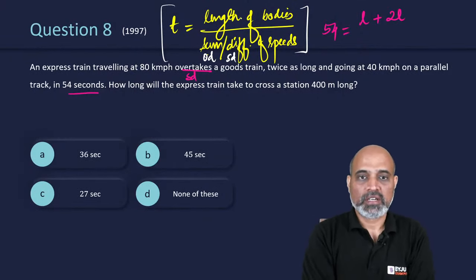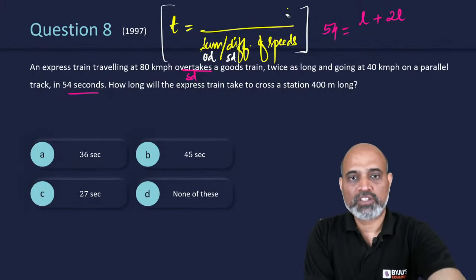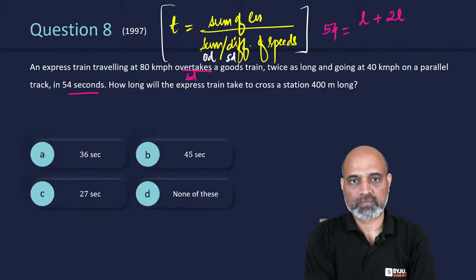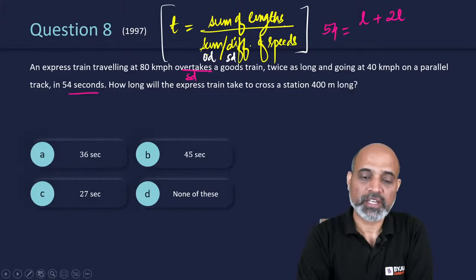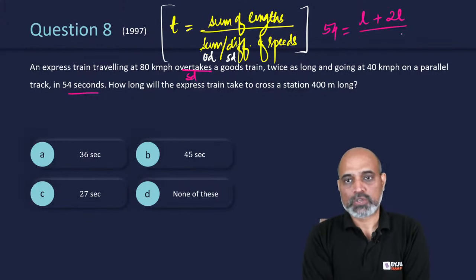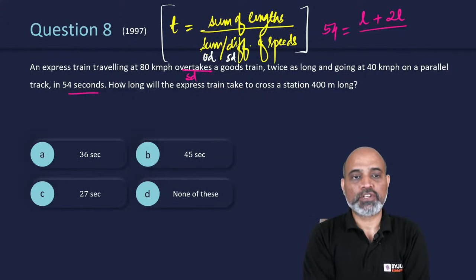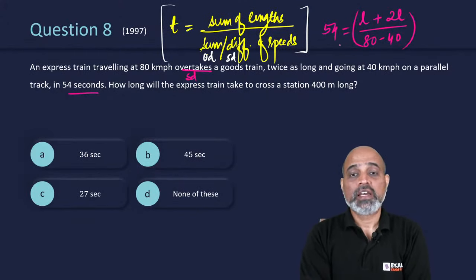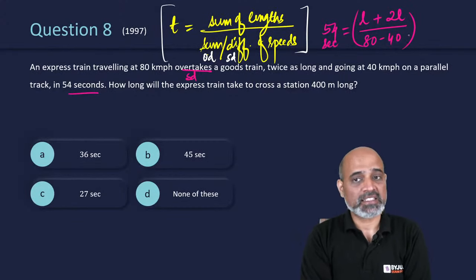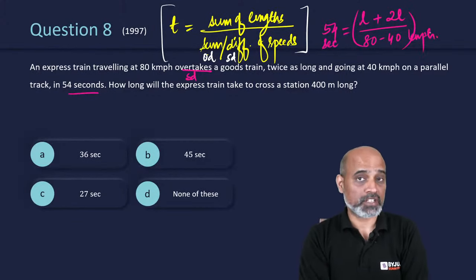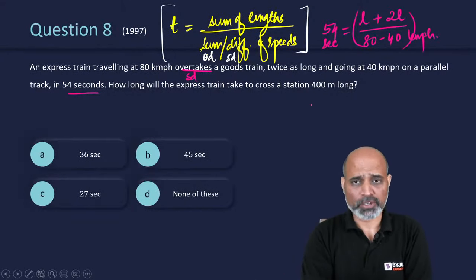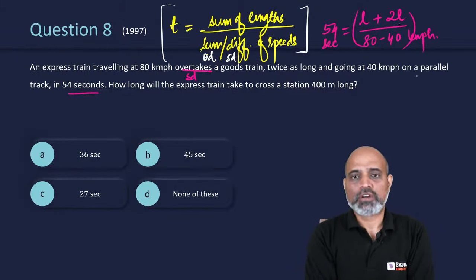Remember? So instead of length of bodies, I write sum of lengths. Obviously, we are dealing with bodies only. L plus 2L, and difference of speeds, which is 80 minus 40. These are the numbers that we have. Remember, 54 is in seconds and the denominator is in kilometer per hour, so we need to convert it later, or convert now, it makes no difference.